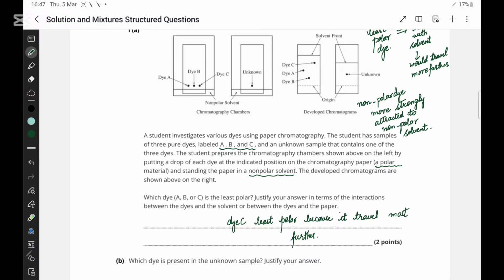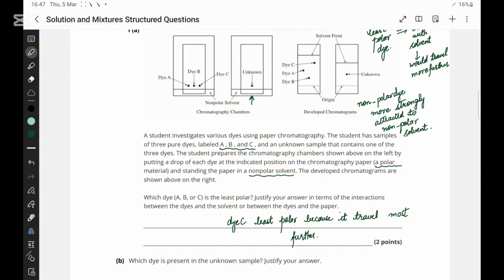In the next question, which dye is present in the unknown sample? There is another unknown sample as well, which again uses the non-polar solvent, and they are asking which dye is present in the unknown sample.